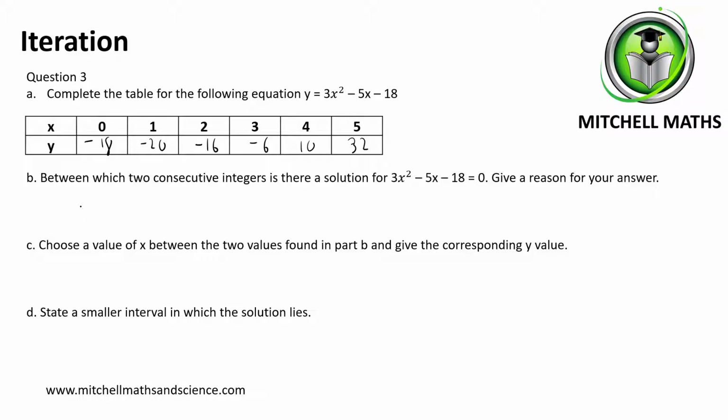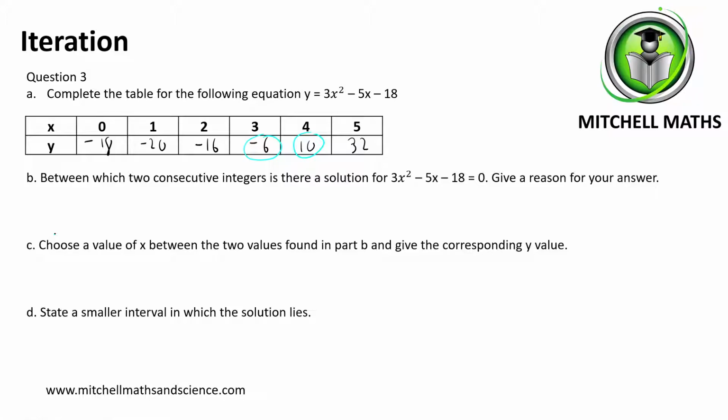Now, the next part says, between which two consecutive integers is there a solution for that equaling 0? Well, we know it's between 3 and 4 because minus 6 is below 0, 10 is above 0. Sometimes it might not always be equal to 0, so you do have to check whether it says another number or something. But we've got a sign change, minus 6 and 10.